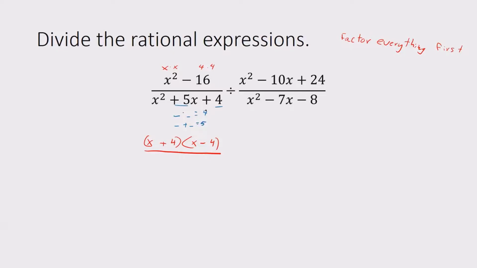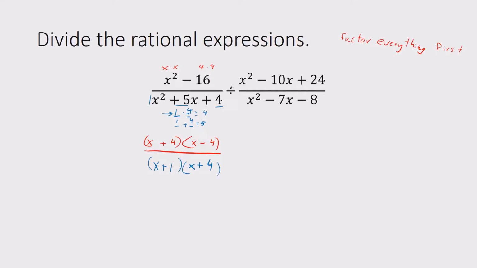The two numbers that multiply to equal 4 and add up to equal 5 are 1 and 4. Since we have a 1x squared, we can go straight to your binomials, meaning that one of your binomials is going to be x plus 1, using your special number of 1, and the other binomial will be x plus 4, using the special number of 4.